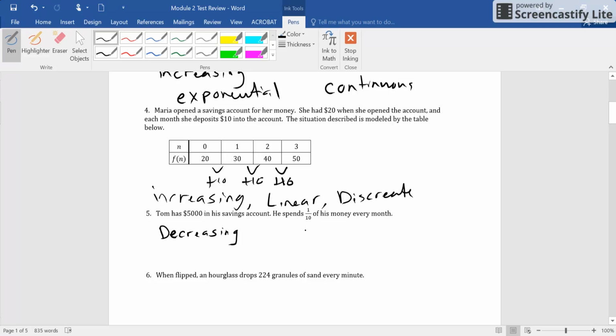I know anytime I go down by a ratio like this, or I have a percentage, like 10%, I know that this is going to be exponential. Okay, so increasing, decreasing, exponential, and finally, since he spends his money like that every month, this one I would say could be discrete or continuous. I'm going to say that this one is discrete.